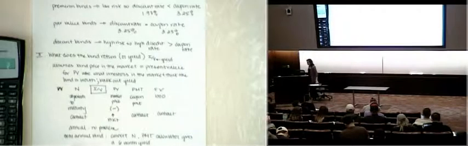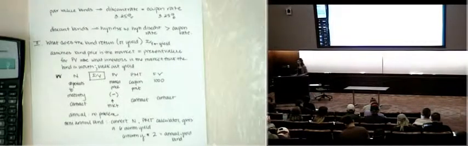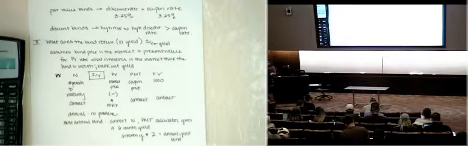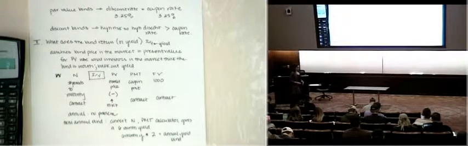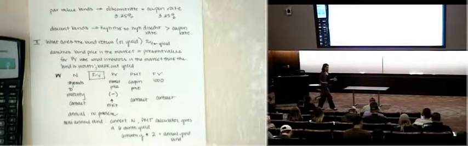Okay, so we have semi-annual bonds for the present value. You all did that last week. That wasn't too bad. You just said, I need to double the number of periods, I cut the interest rate in half, I cut the coupon in half, and you did that little math.